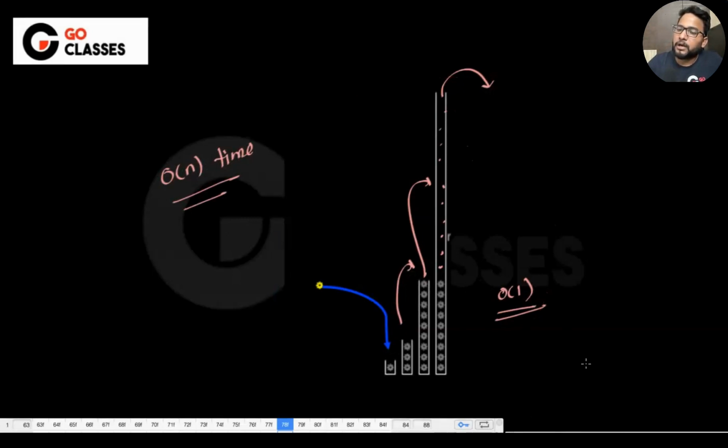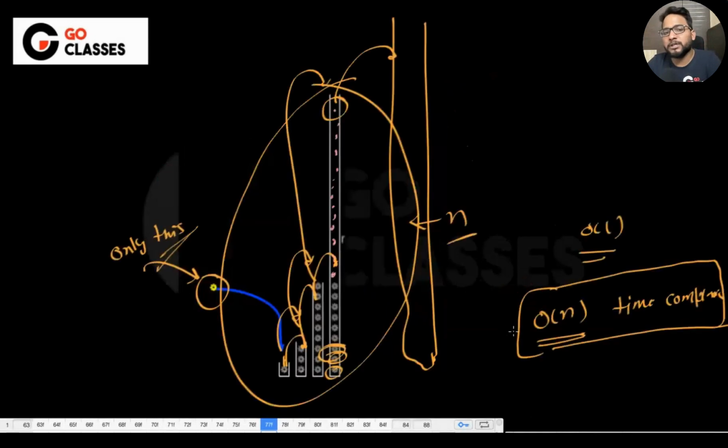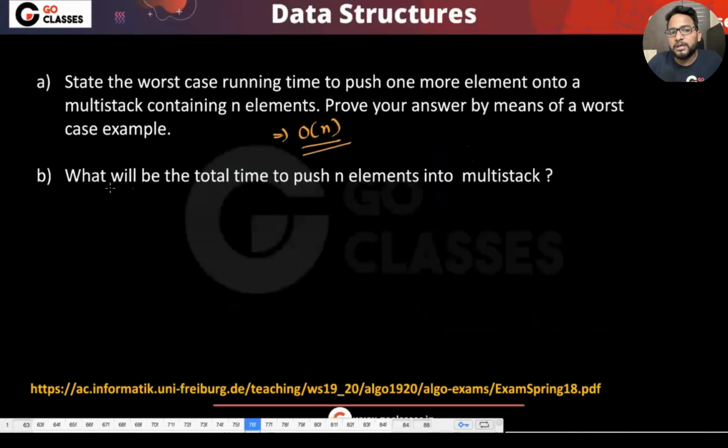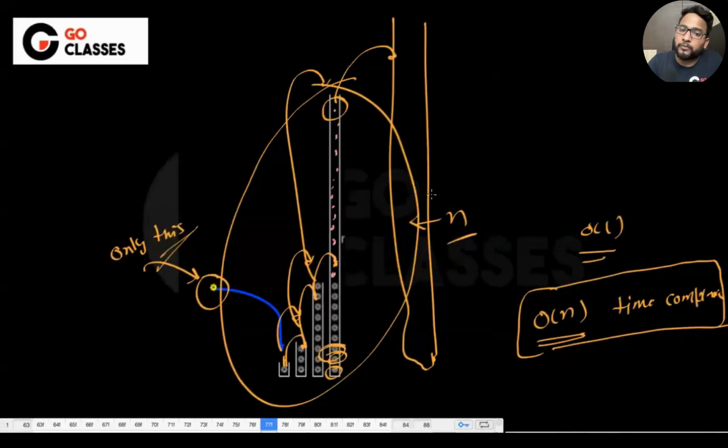Now let's answer how much time we are taking. The question we can pose is a different one: what will be the total time to push n elements? This is a more interesting question. If you're pushing n elements, how much time are you taking in total? Now you will be thinking that this element might have jumped from here to here and then here to here.